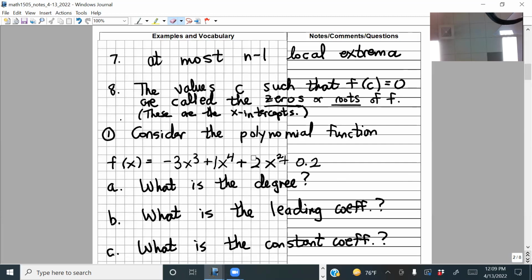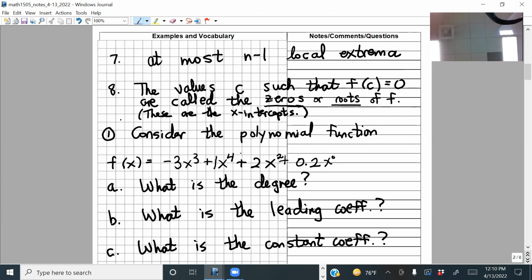So you have 3x to the 3rd power, and then you have 1x to the 4th power, 2x squared. And then notice at the end you have 0.2, which is just a constant. Of course, if you want to think of that as a power of x, you can write that as x to the 0th power, because x to the 0th power is just 1. So also just a power of x. These powers of x can get really high in polynomial functions, so they can be rather large.